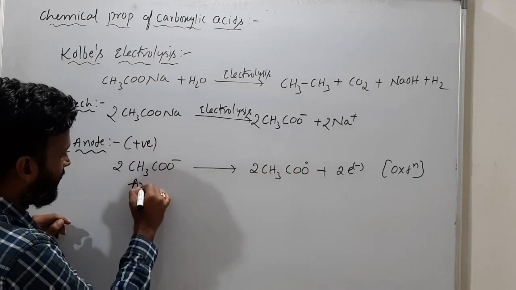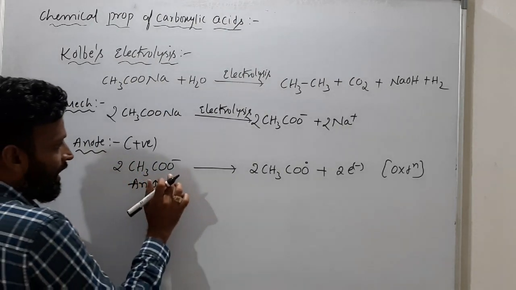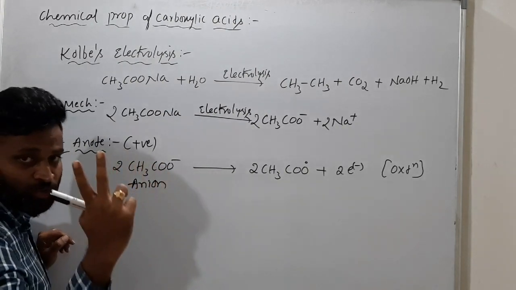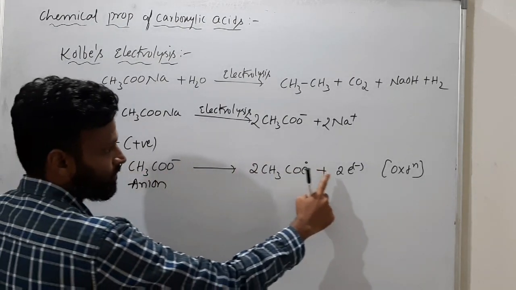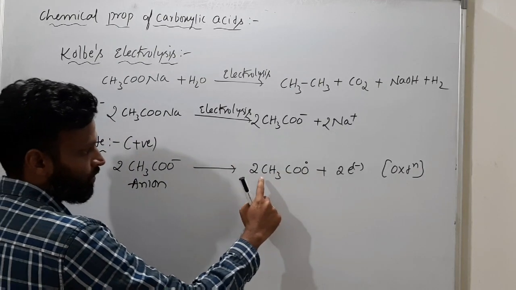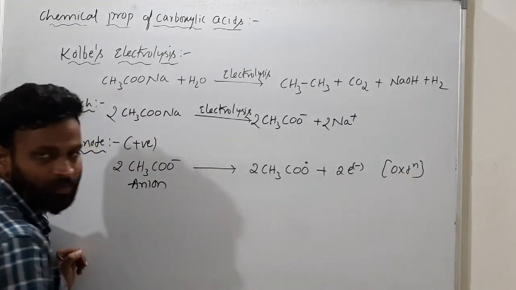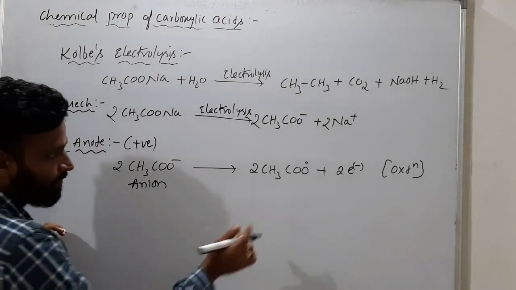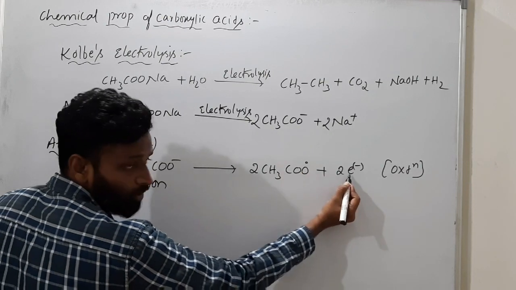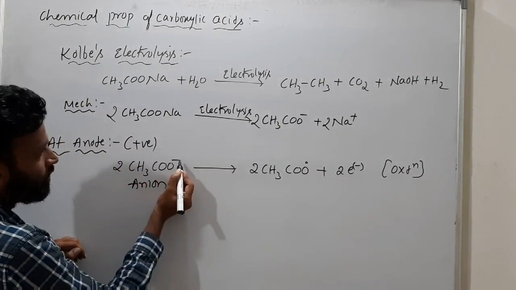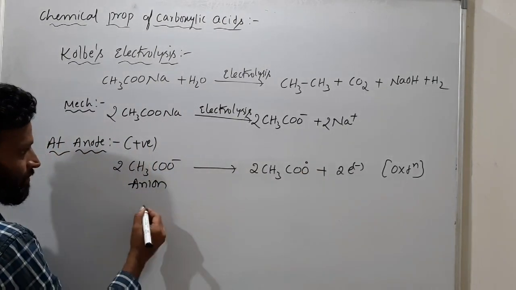This is the anion part. It moves towards the anode, and 1 minus means 1 electron lost, as I said previously. So 2 moles of negative charge means 2 electrons lost. You have CH3COO dot and 2 electrons. Oxidation takes place. So this reaction happens at the anode.